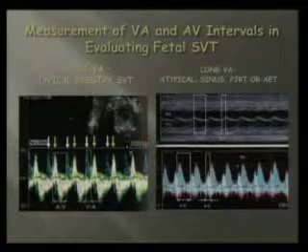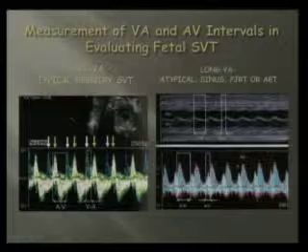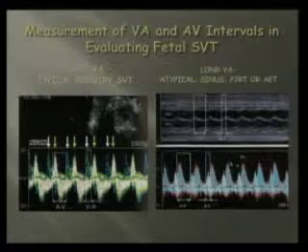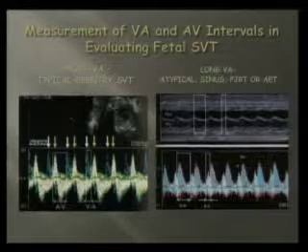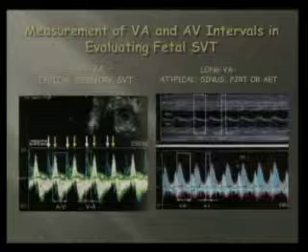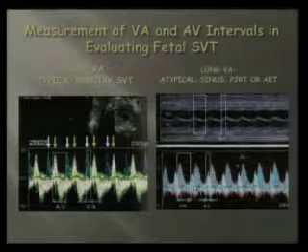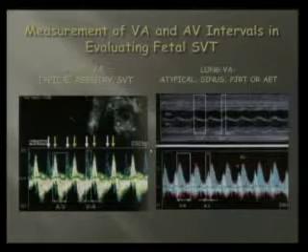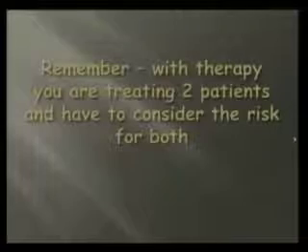And so this shows a typical reentry with a short V to A interval. Here is probably more of an atypical, which I take the V and the A interval here, and that's a long VA interval. This is the more difficult to treat SVTs than this is. That's the main thing you want to know about that.